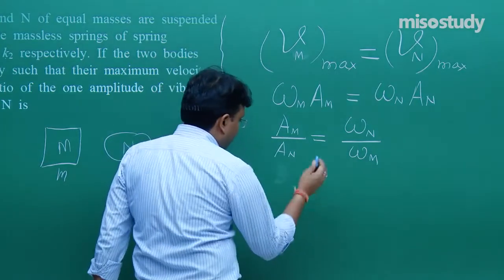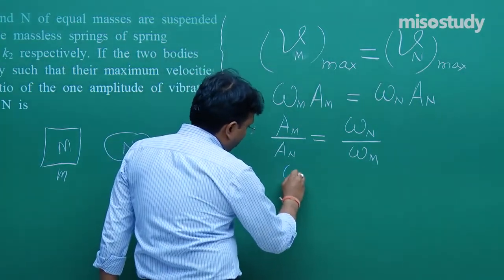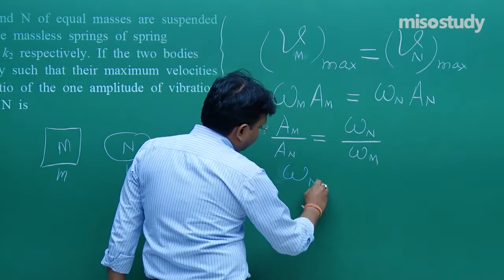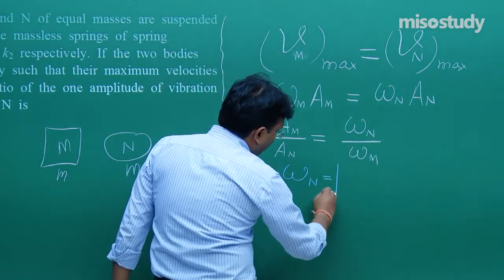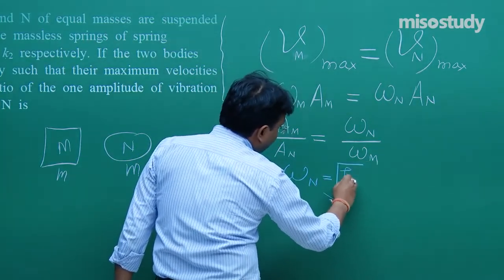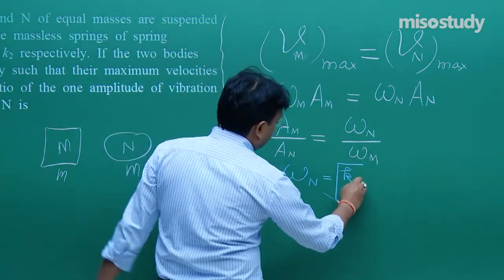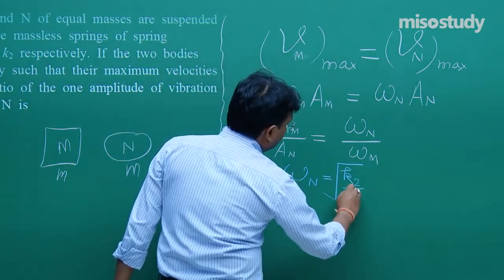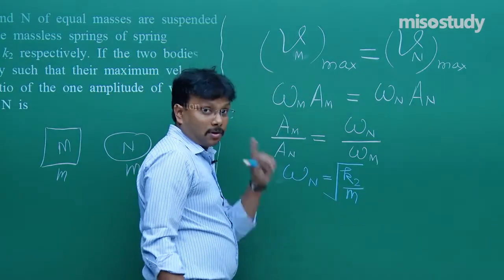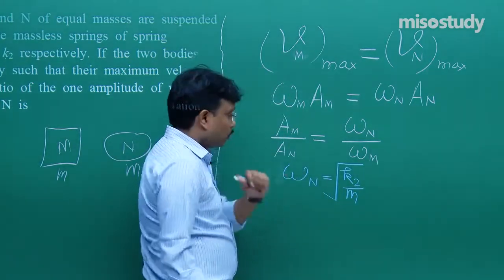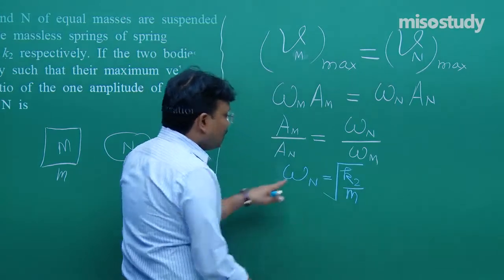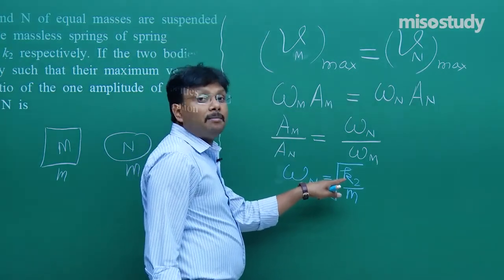Now, let's use blue chalk. Omega_N is equal to under root k2 by m, because N is associated with body number 2, and similarly omega_M is under root k1 by m.